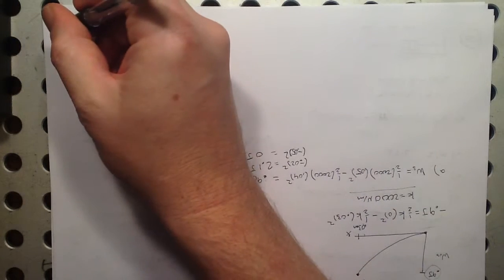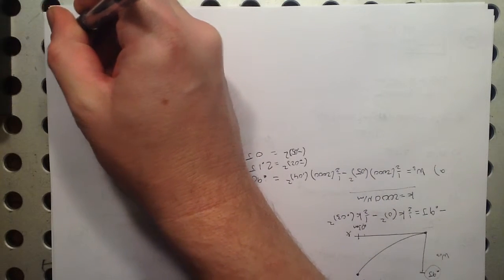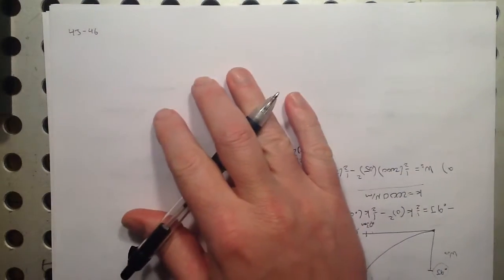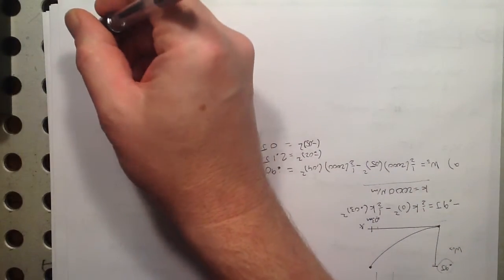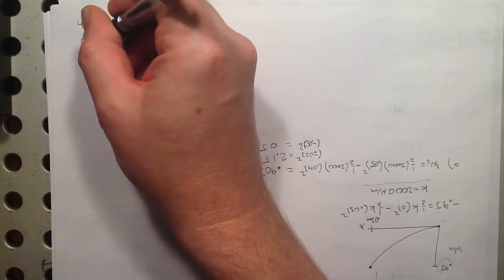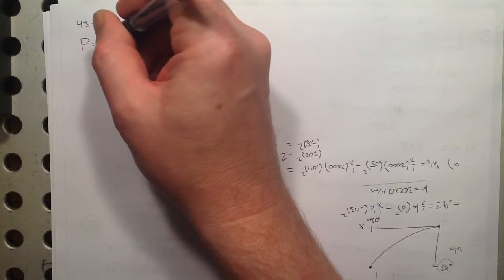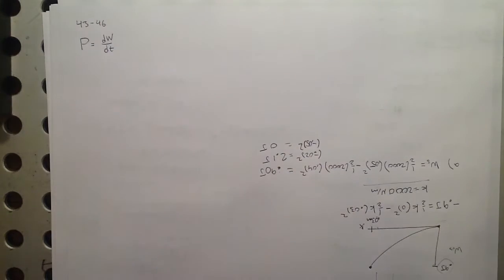Right, power. So this is chapter 7, numbers 43 to 46. I'll just remind you here that we know now power, capital P, is equal to the rate at which work is being done with respect to time. So that's dW/dt.